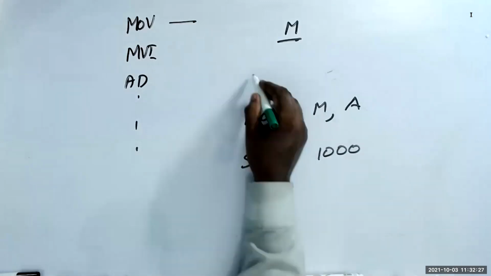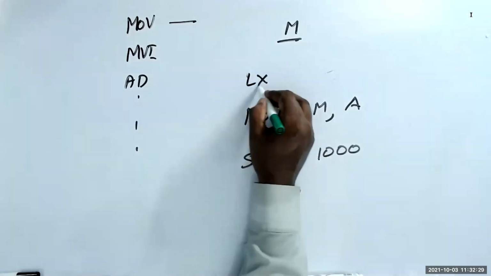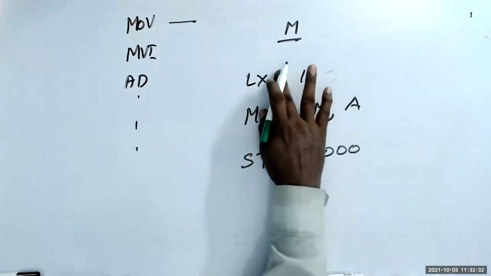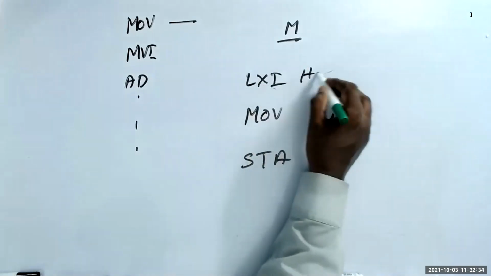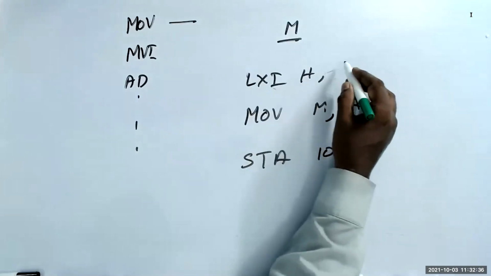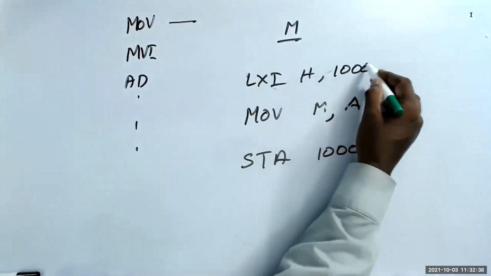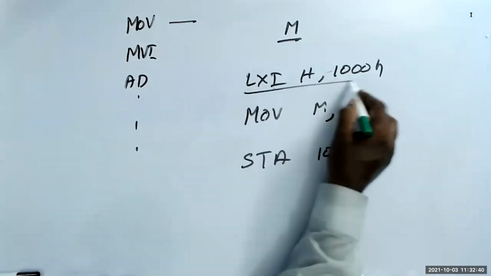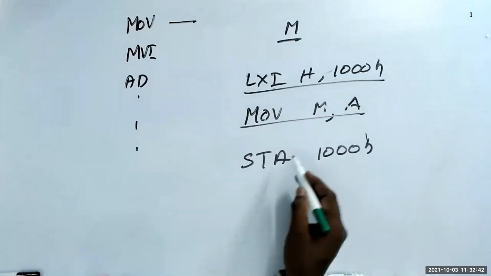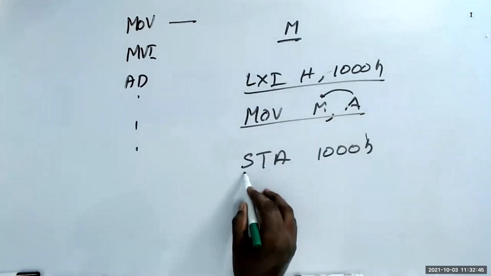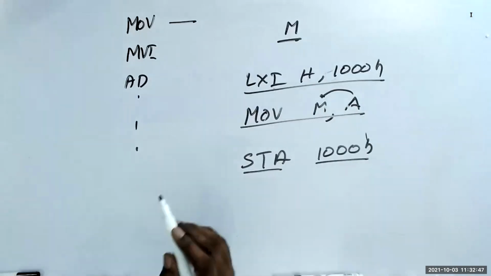I can say LXI H 1000, MOV M comma A. I'm moving A to M. Now I'm doing store accumulator 1000. Both look the same.